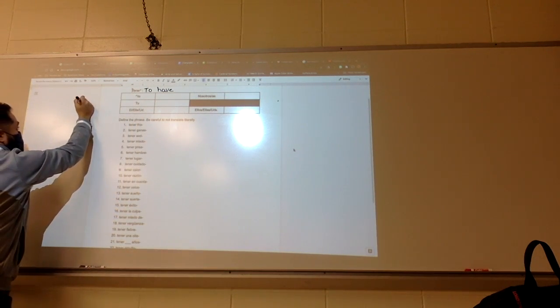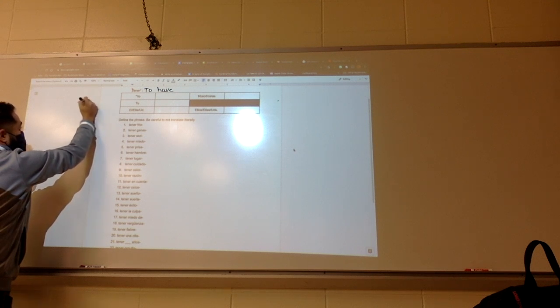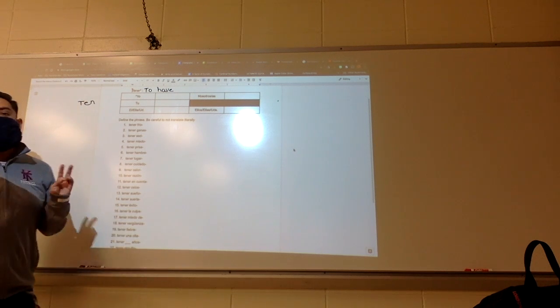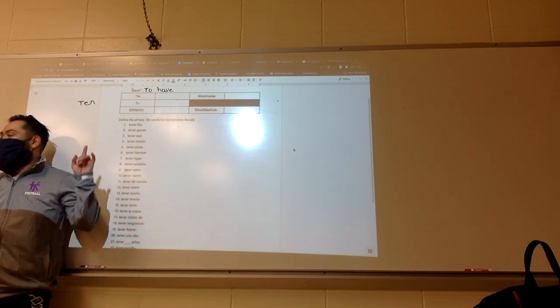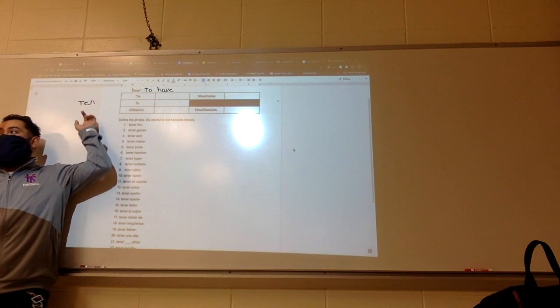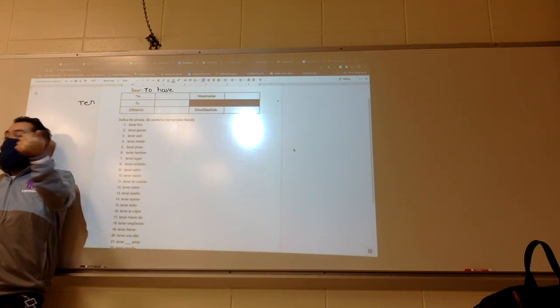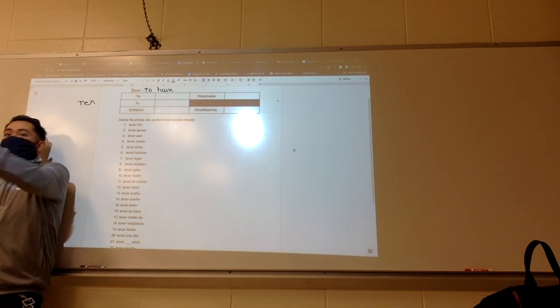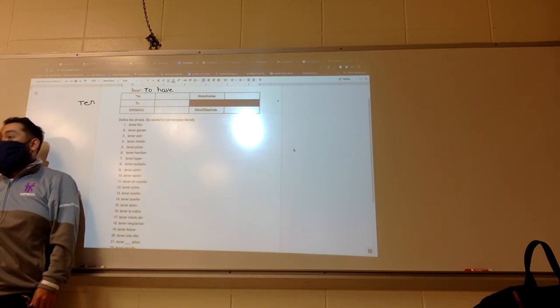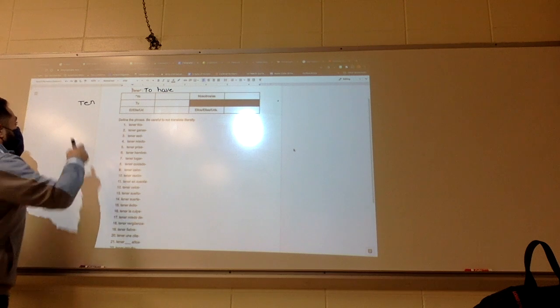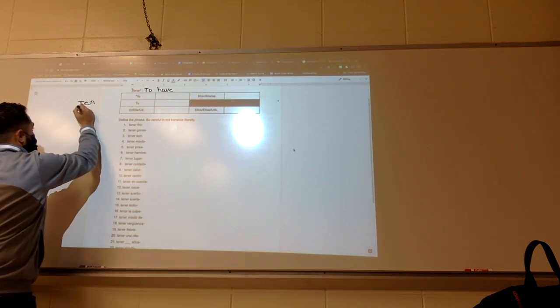What am I left with? Ten. Now, what are my two possible stem change possibilities? Based on what we see here, it's either going to be E to I or E to IE. Anybody have any inclination as to which one it is? IE. Okay, it's going to be E to IE.